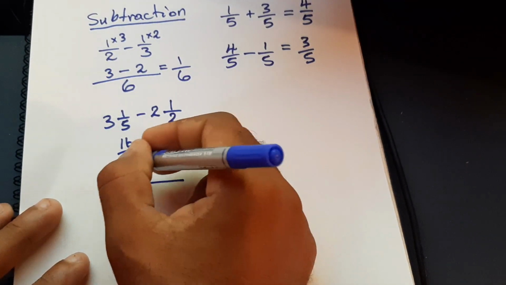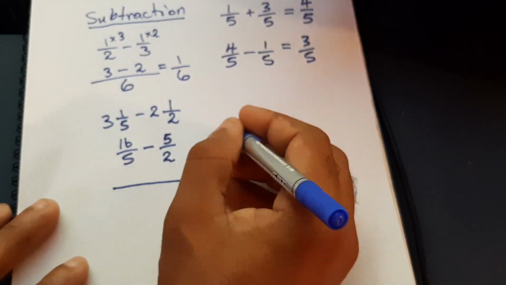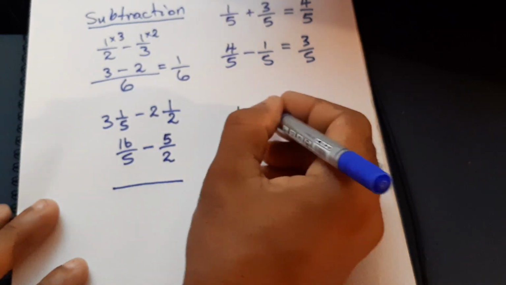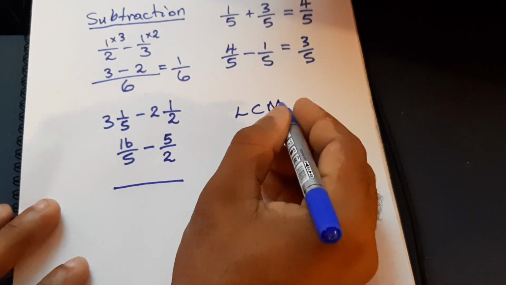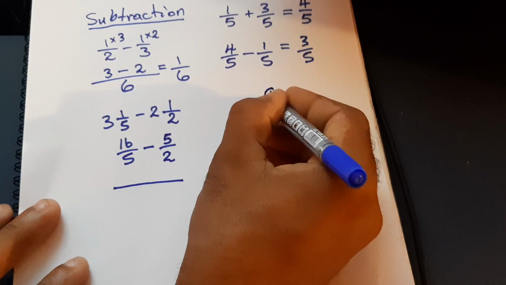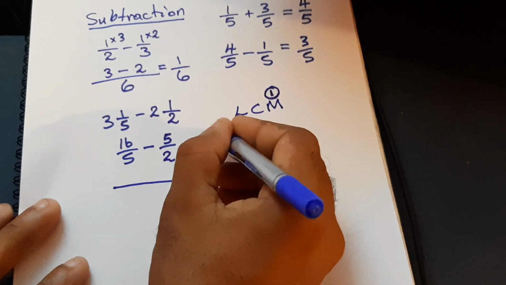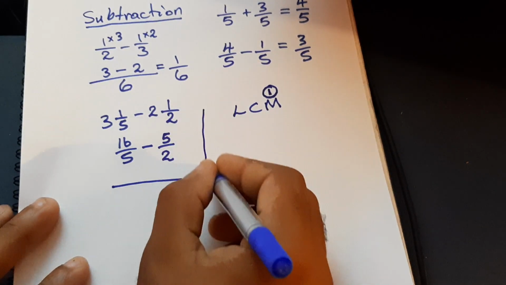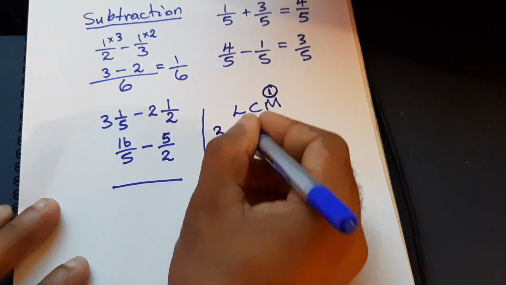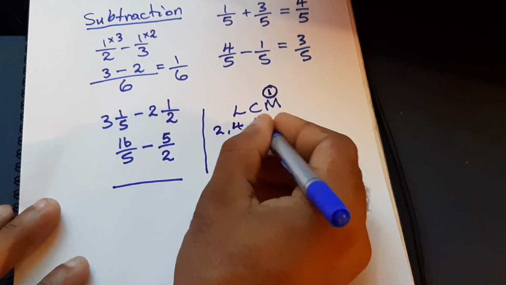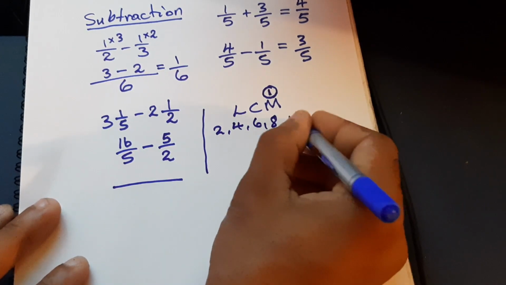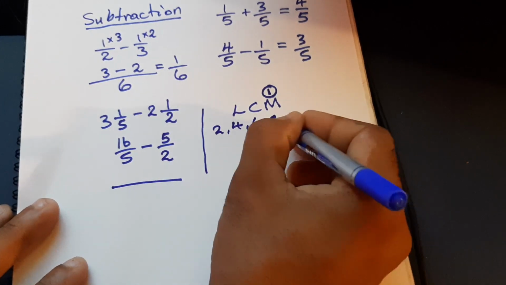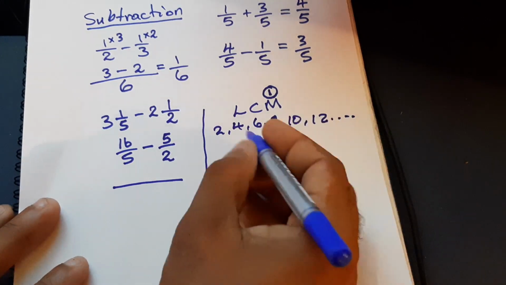So LCM for 5 and 2. So let's say I didn't know it. So what I'm going to do, LCM is what I'm looking for. So first thing I need to do is to find what? Find the multiples. So multiples of 2 are 2, 4, 6, 8, 10, 12, and so on. We have more, so I'm going to stop there.